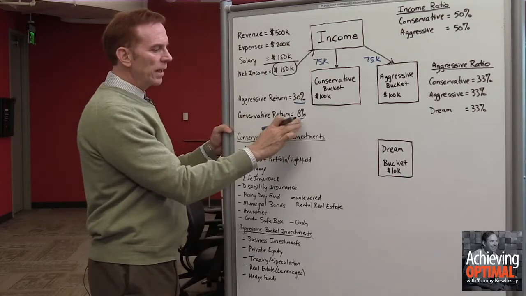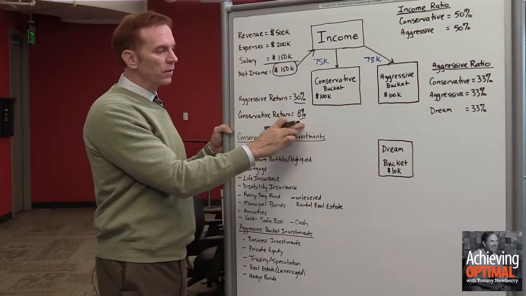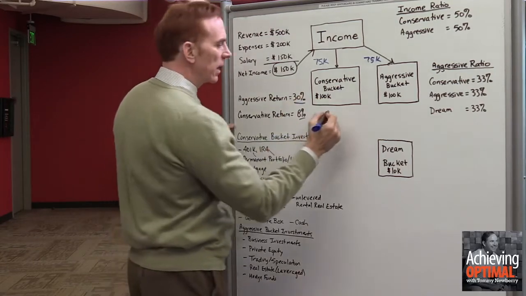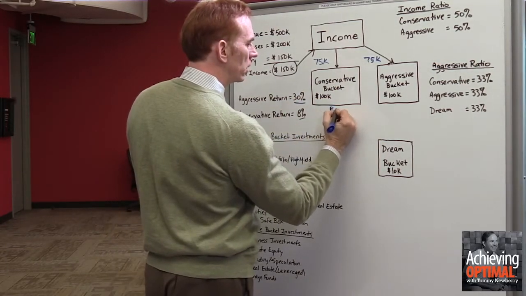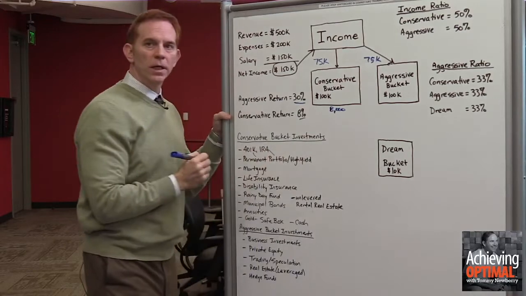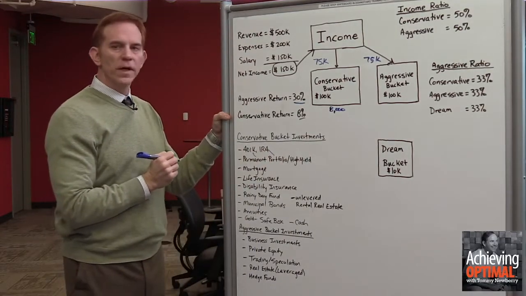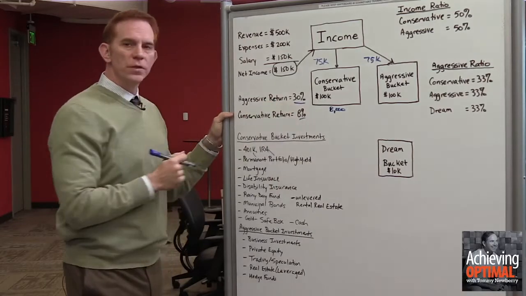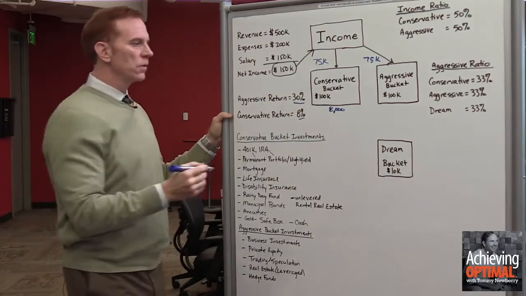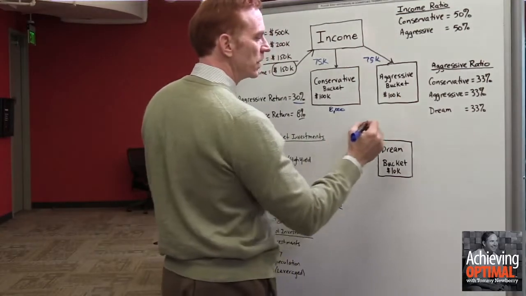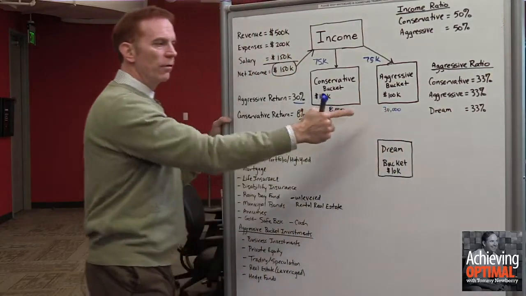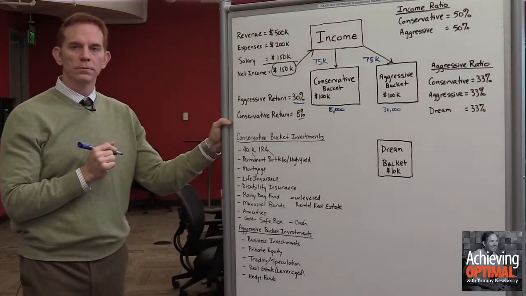We also generated 8% return in our conservative bucket on $100,000 in capital. So that gives us an $8,000 return in that bucket off the investments. We also got a 30% return off the aggressive bucket. So that means we had $100,000 in that bucket. We have $30,000 in return there.